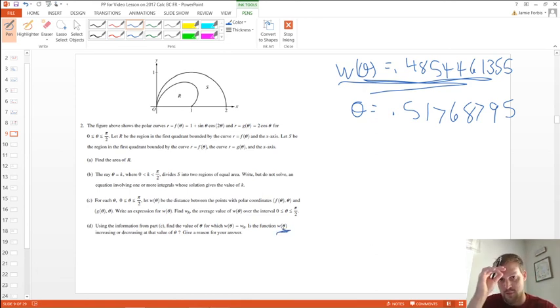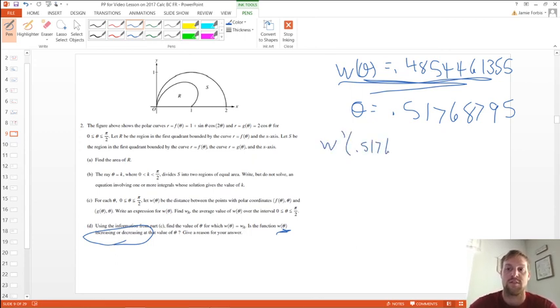Then it says, is the function w of theta, which was y2 minus y1, the difference of the two functions, increasing or decreasing at this value, and give a reason. So simply put, all we have to do is figure out w prime of 0.517687795. If it's positive, it's increasing. If it's negative, it's decreasing. That's just derivatives, right?